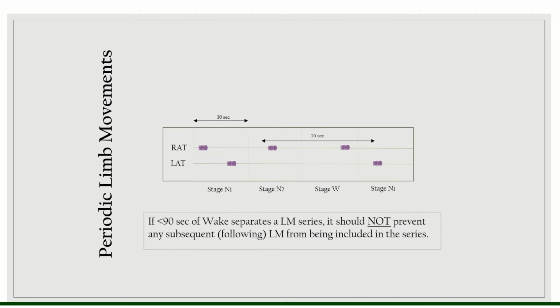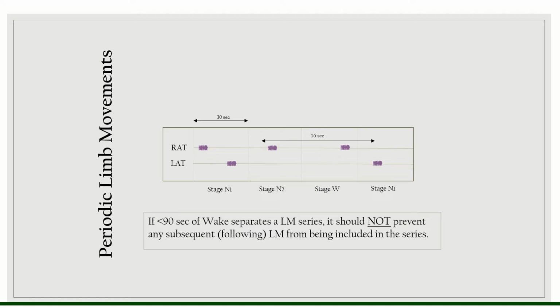All right, so if less than, keyword less than, 90 seconds of wake separates a limb movement series, it should not prevent any subsequent limb movements from being included in the series. So this is an example of what we're talking about. Okay, so we have our right anterior tibialis and we have our left anterior tibialis.